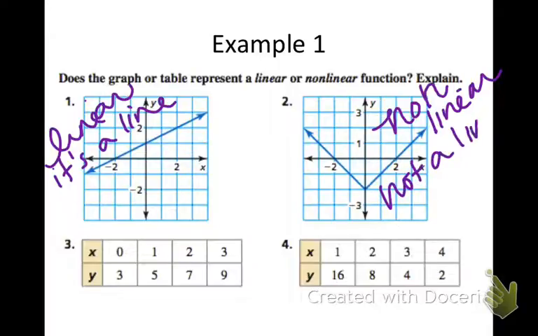Not a line. For number 3, since it's not a graph, we can't tell if it's a line or not, so we need to look and see if it's a constant rate of change. So as x increases by 1, let's look and see what the dependent variable is doing. Looks like it's increasing by 2.